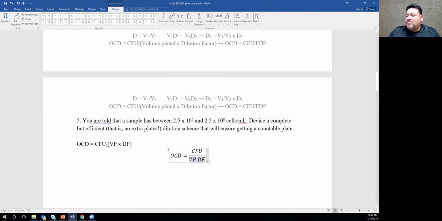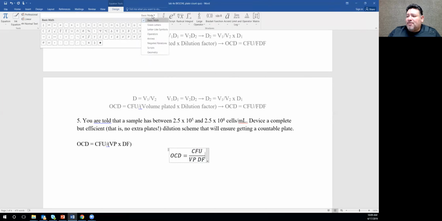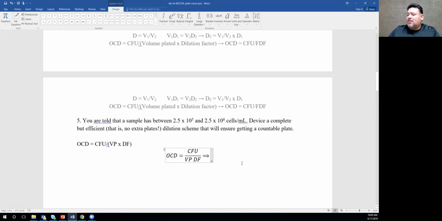I need to know what my dilution factor is, so I'm going to solve for it algebraically. I'll multiply both sides by dilution factor, and then divide by OCD.